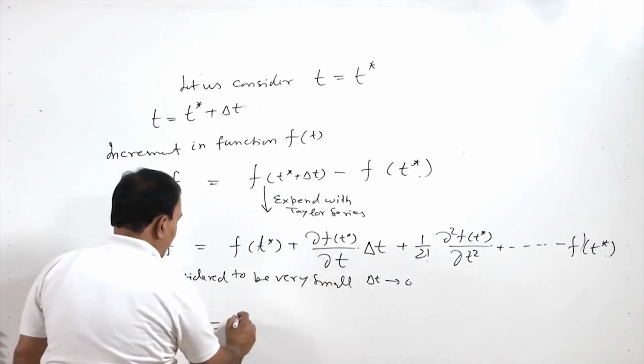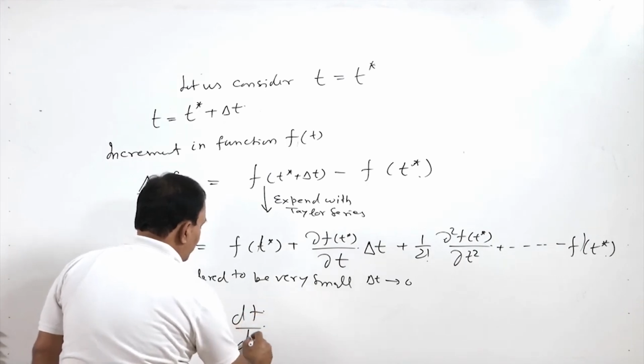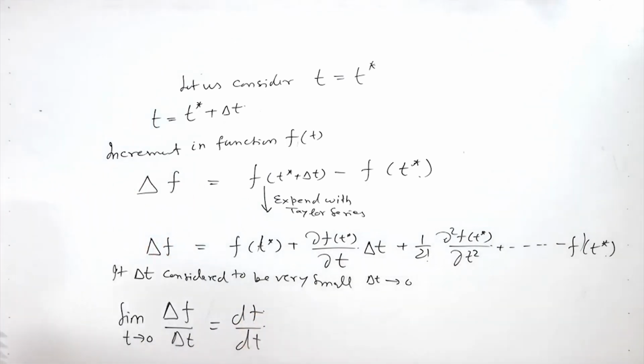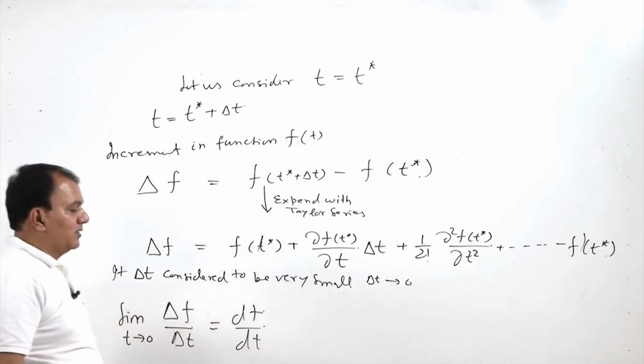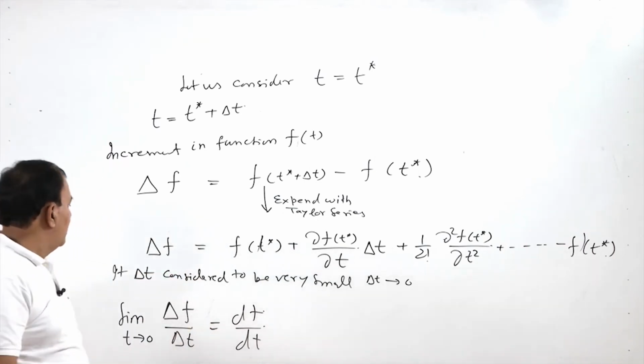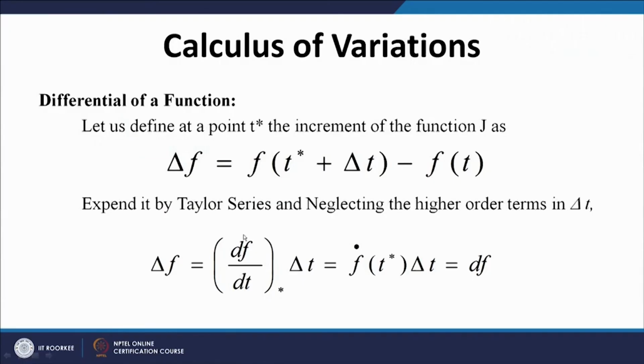So, I can define this as my df by dt, which is called the differentiation, or delta f can be defined as df by dt into delta t.